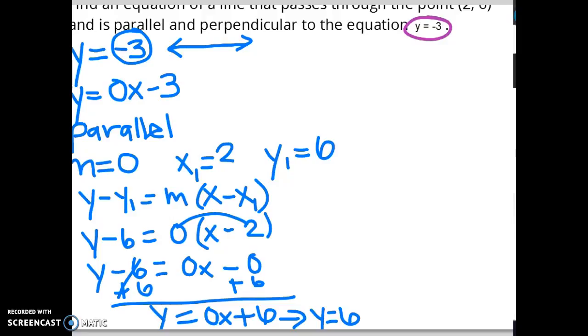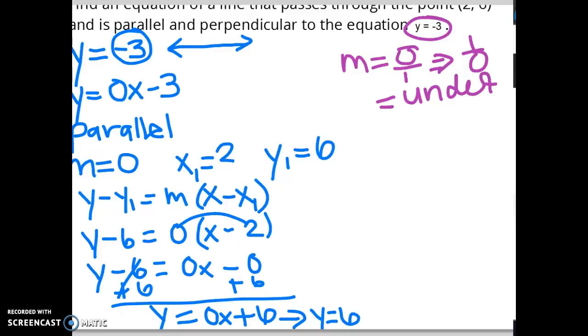So, the slope being 0 over here, the opposite reciprocal means that I need to change its sign, which it doesn't, and flip the fraction. So flipping that fraction would make it 1 over 0. And 0 being in the denominator makes it undefined. And for our purposes in Algebra 1, when something is undefined, we kind of got to stop.